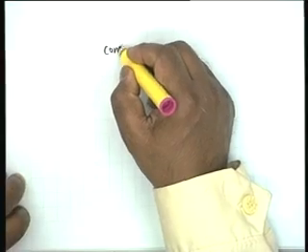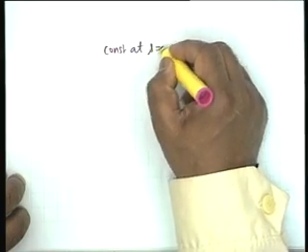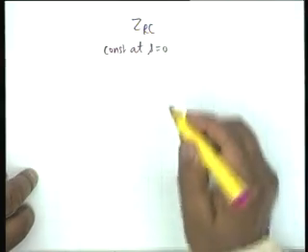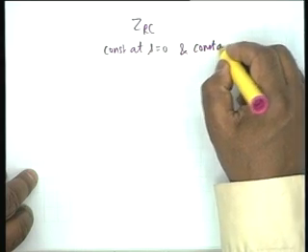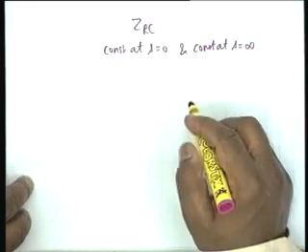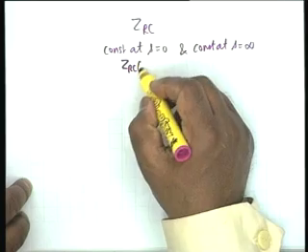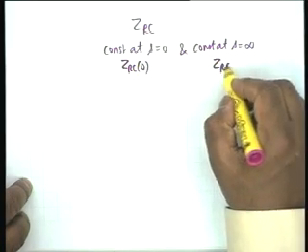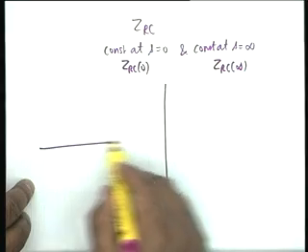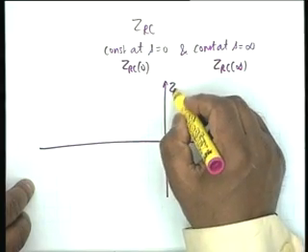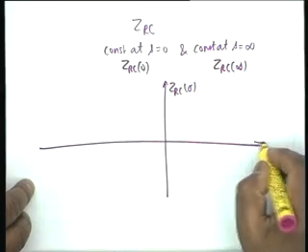Let us say the function is constant at s equal to 0. Take a ZRC which is constant at s equal to 0 and constant at s equal to infinity. This value is ZRC of 0 and this value is ZRC of infinity. Then let us plot ZRC of sigma versus sigma.